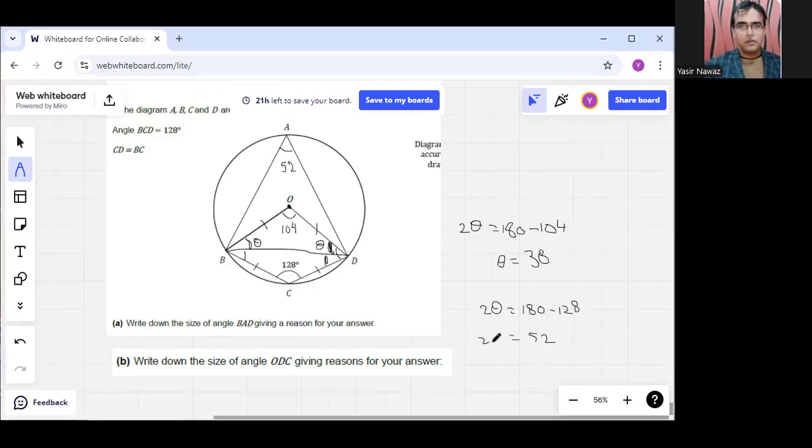So this angle is 2 theta, so theta is equal to 26. So this angle would be 26. So 26 plus 38 is 64. So the total angle would be 64.